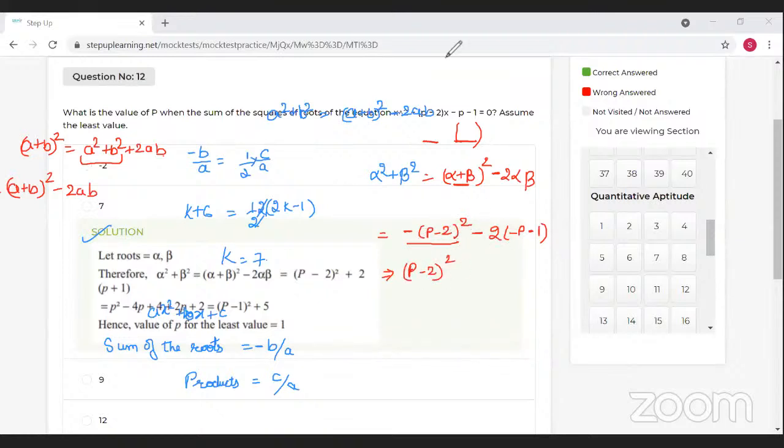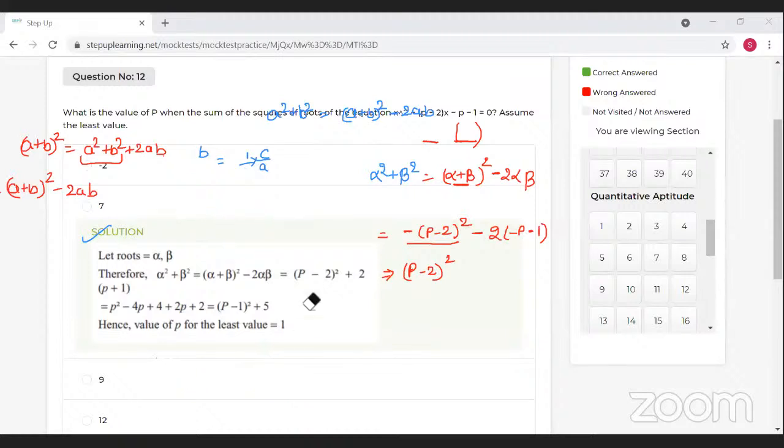Okay, I thought that formula is needed. Fine. Now this is alpha square plus beta square. So when you solve this, minus minus plus 2, minus minus plus 2p plus 2.